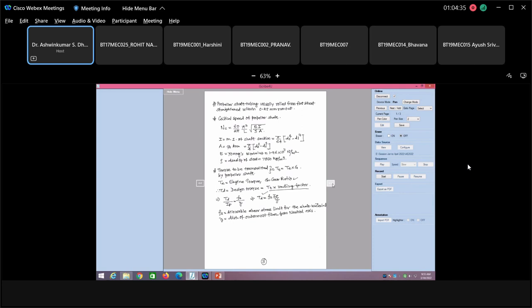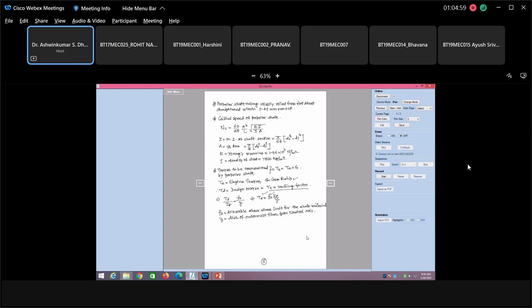So there are two ways. That is why I have written that torque to be transmitted by the propeller shaft, design torque equals TT into loading factor, because for designing of the shaft some of the loading factors are taken into account. So this is basically the design criteria for the propeller shaft.